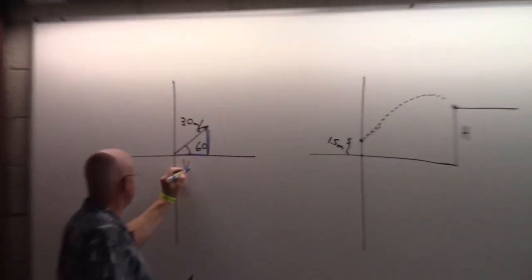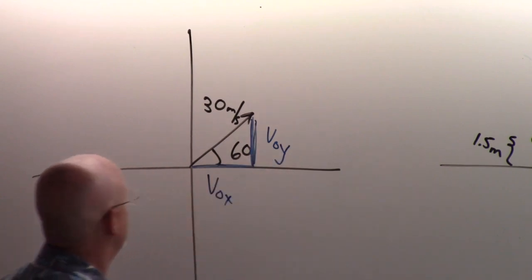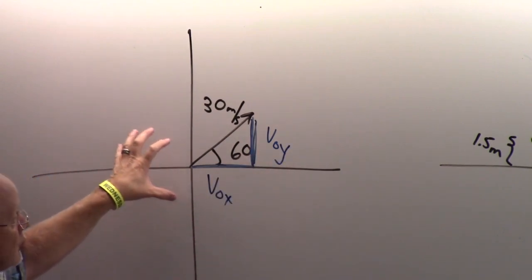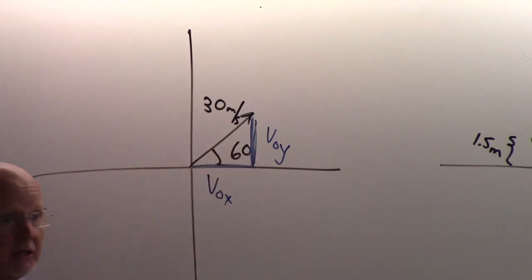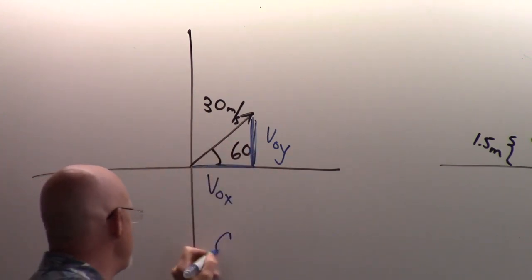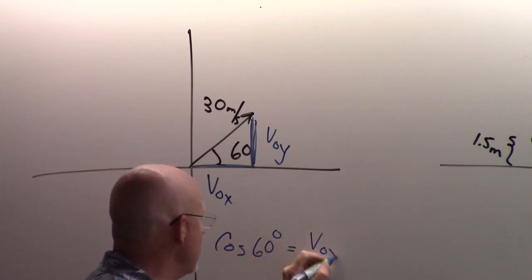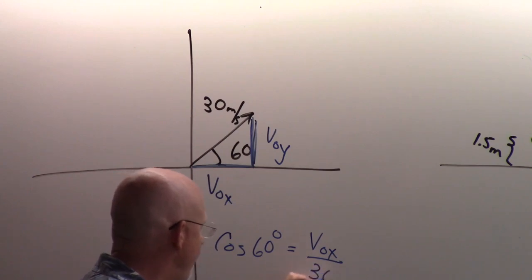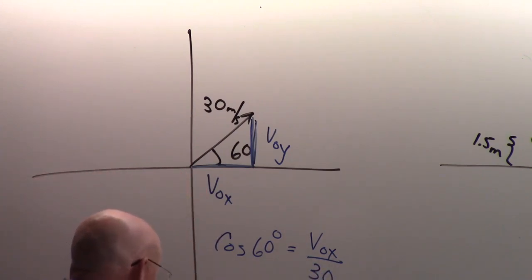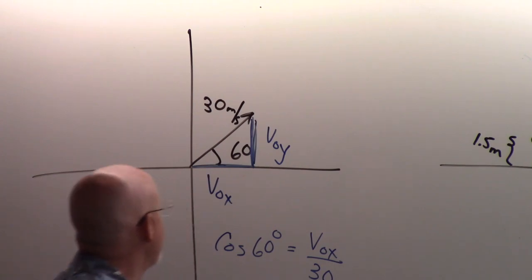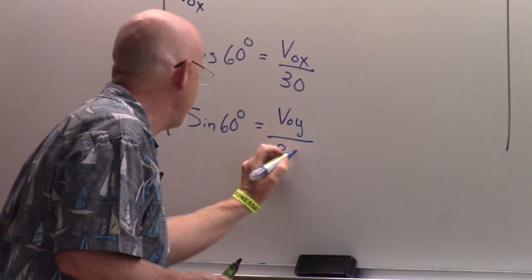So if we call this the initial speed x and this initial speed y, we're saying here, how do you get the components of this speed? If I do cosine of 60 degrees, I would get the initial speed in the x over 30. And if I do sine of 60, I get initial speed in the y over 30.